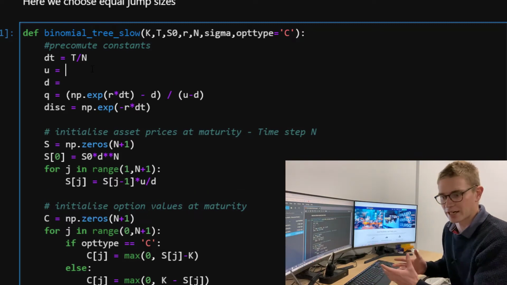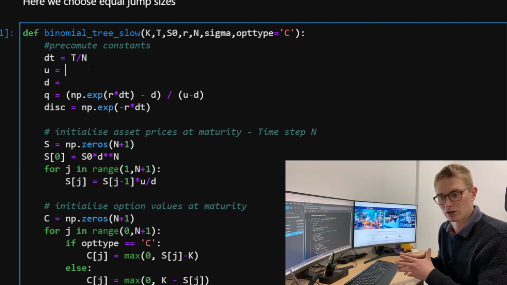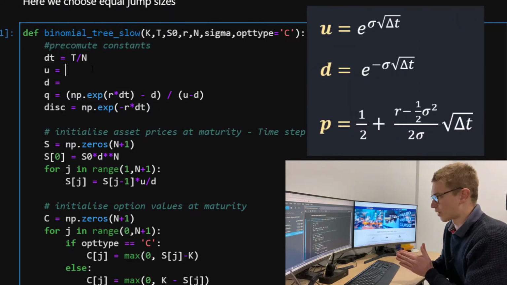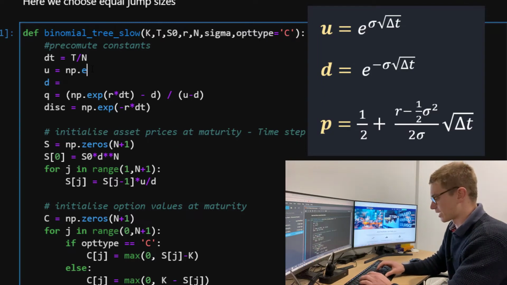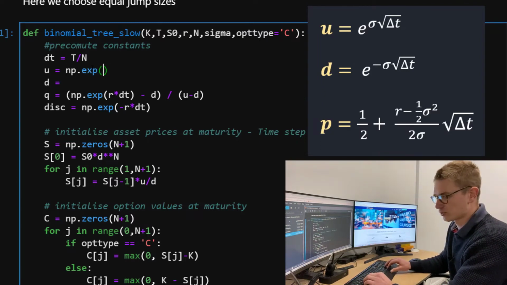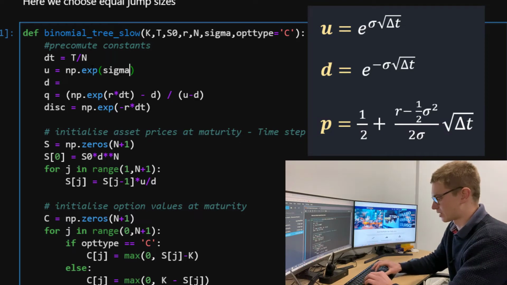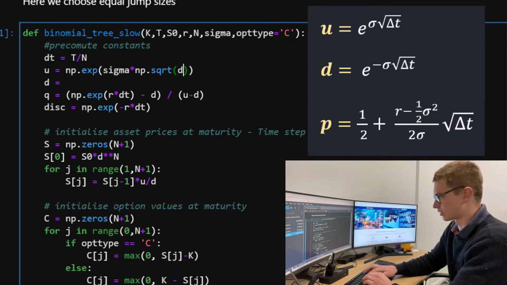So the up factor, as in the formula on the screen, we can just start plugging away. This is going to be NumPy exponential of sigma multiplied by the square root of dt.